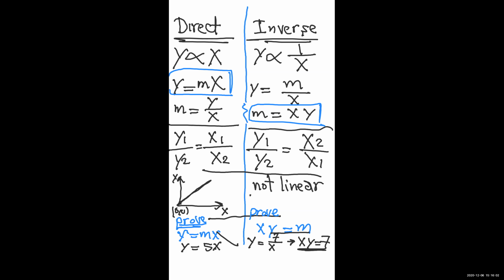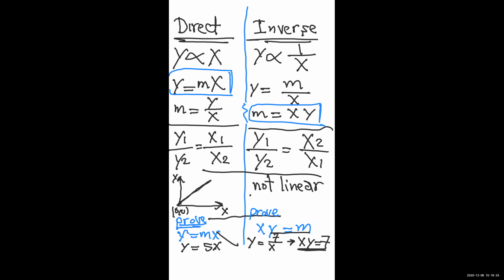It's a linear function, a straight line passing through the origin point 0 and 0. Then how to prove that y varies directly with x? We have to prove that y equals mx. So if y equals 5x, this means y varies directly with x.